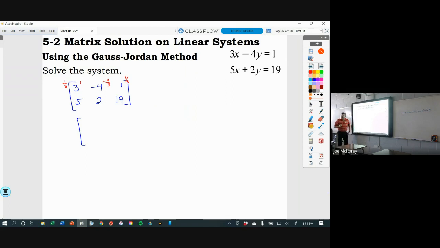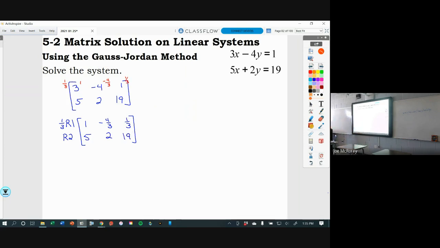Row 1 has changed. I'm only going to represent 1/3 of row 1 in this first row. I've already done the math in red up there. So 1/3 of row 1 is 1, -4 thirds, and 1/3. I haven't done anything yet to row 2, so I'm just going to write row 2 down again.